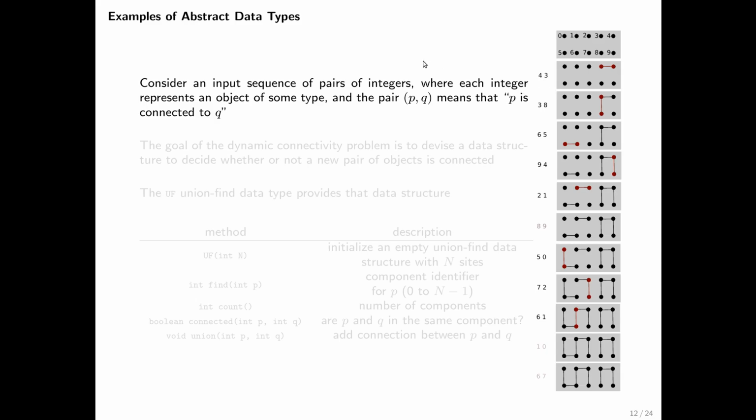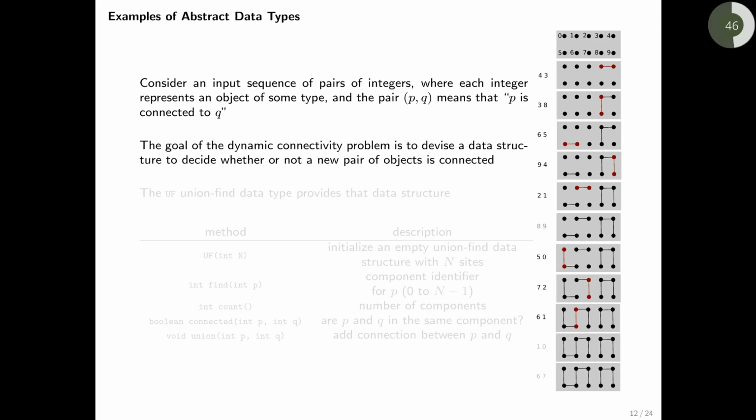Now, for P to be connected to Q, there need not be a direct connection. There could be a direct connection, or it could be indirect. So P is said to be connected to Q if there is a direct or an indirect connection from P to Q.